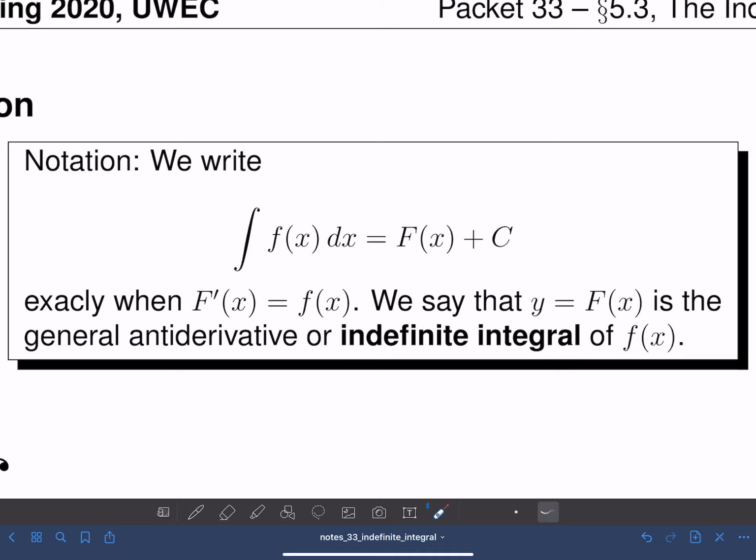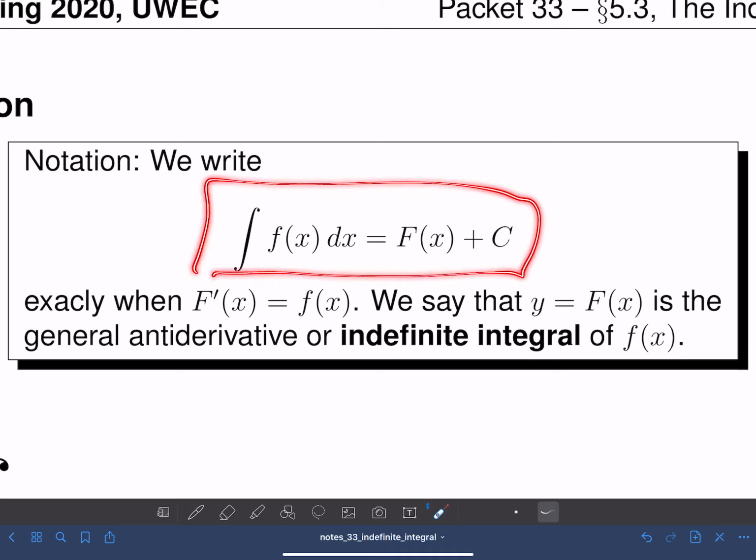So this is the notation that I get to write. When we find an antiderivative, I get to write this sentence right here.